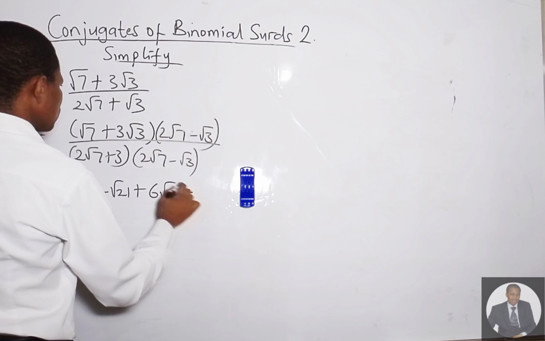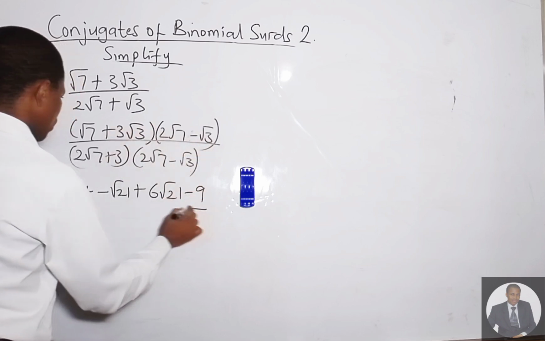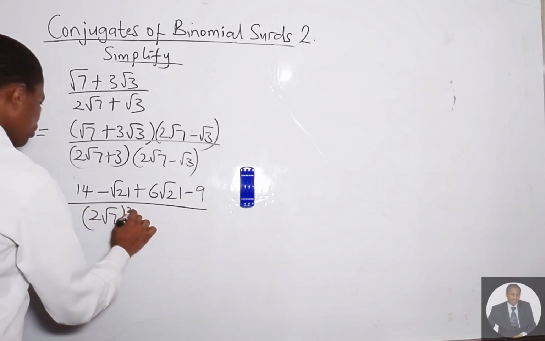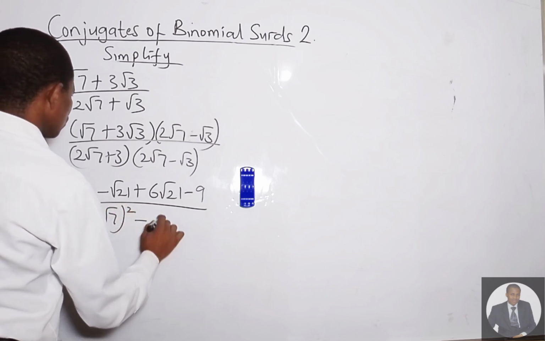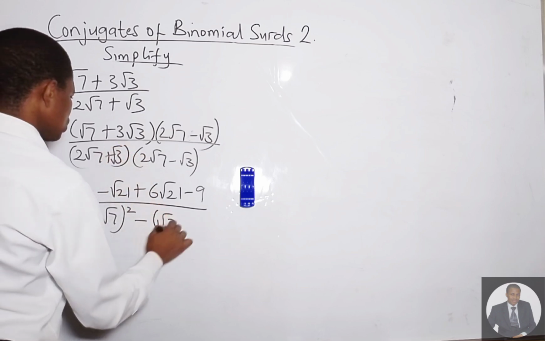Then 3 root 3 times minus root 3, plus times minus is minus, that's 3 times 3, that's 9. All over (2 root 7) squared minus (root 3) squared.